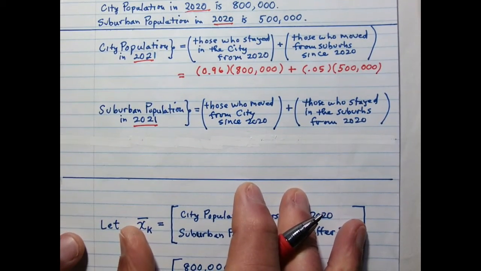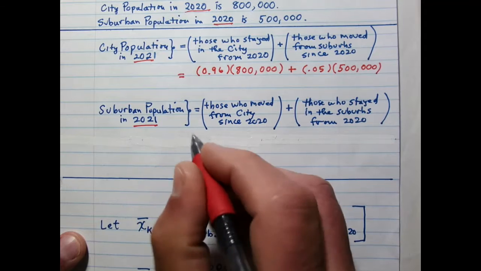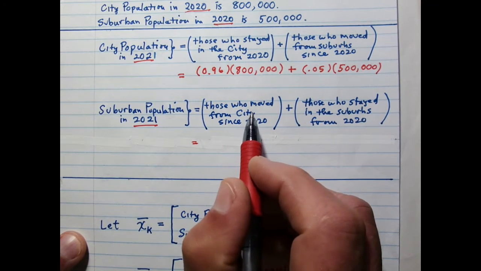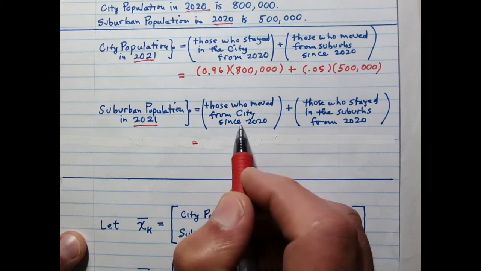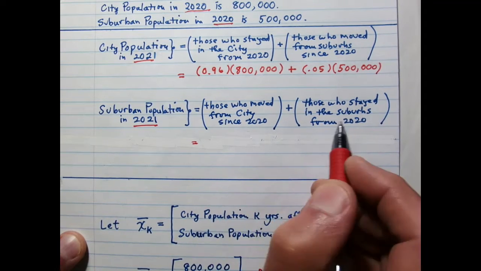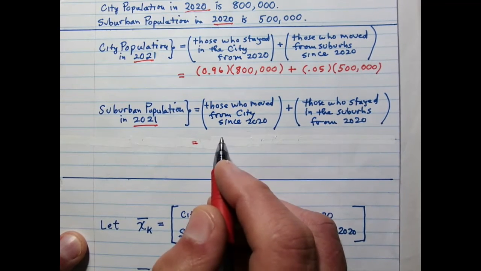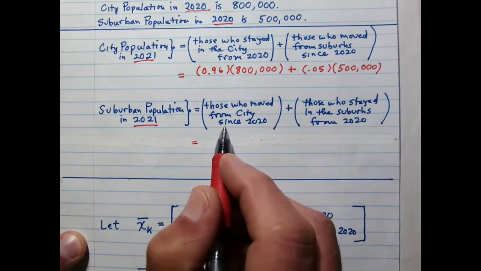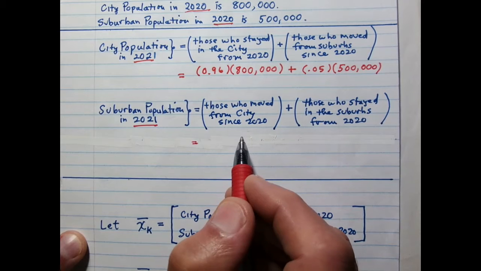With the suburban population in 2021, we can do a similar calculation. And here, I wrote those who move from the city first. There's no rule about which term goes first here. Things just line up nicer for me if I keep city here, suburb here, but you could have written either term first.